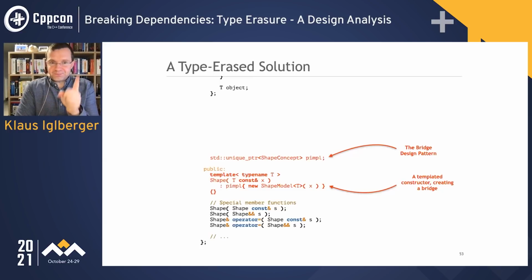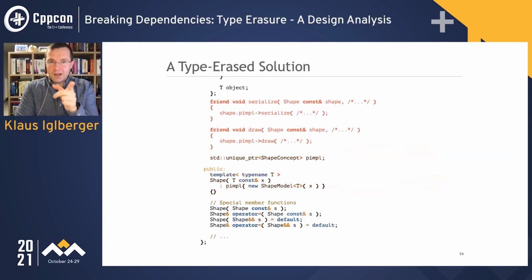All right, we now add a couple of extra functions. If you have a serialize and a draw function for circles and for squares, then the shape class should also have these functions. However, at the same time, these functions need access to this pimpl.